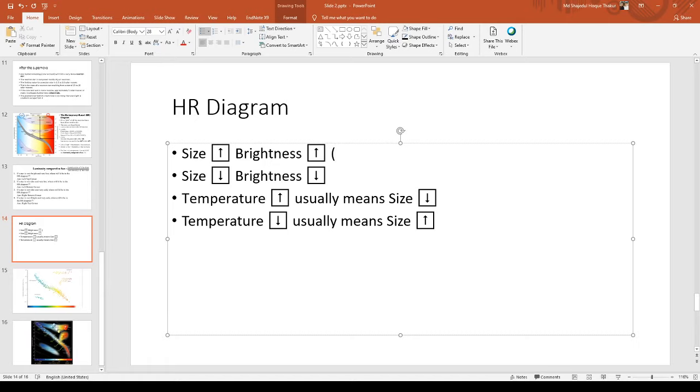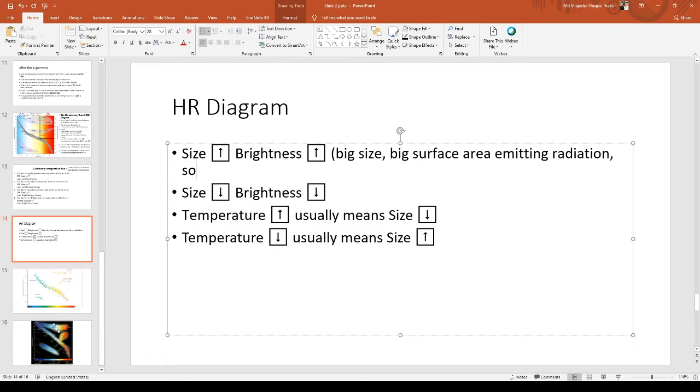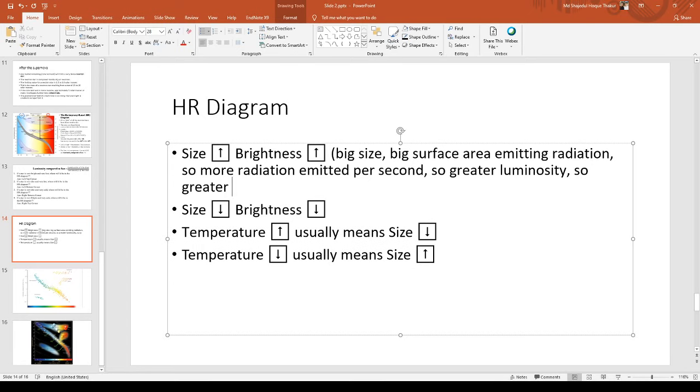Or rather, if I want to tell you a little more, big size means big surface area emitting radiation, which means more radiation emitted per second, so greater luminosity, so greater brightness.